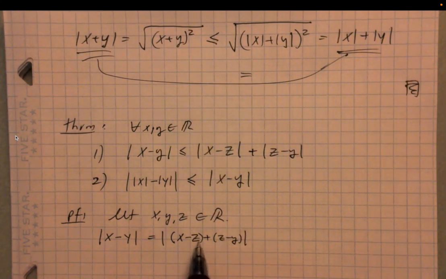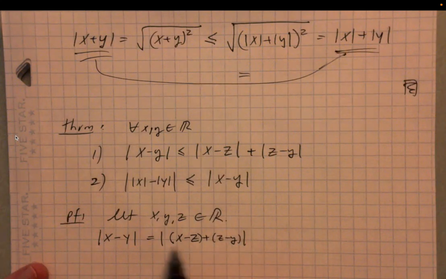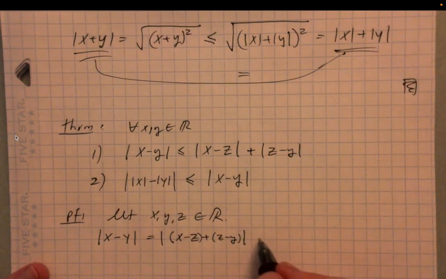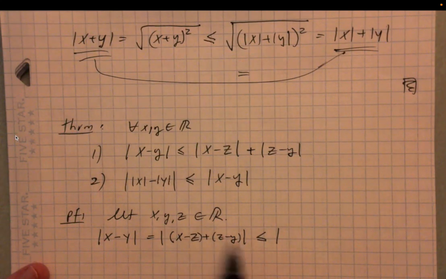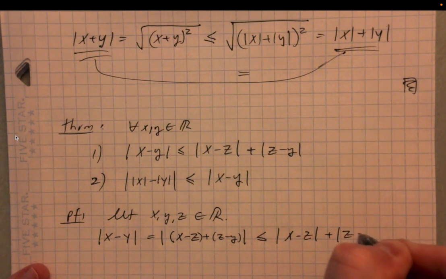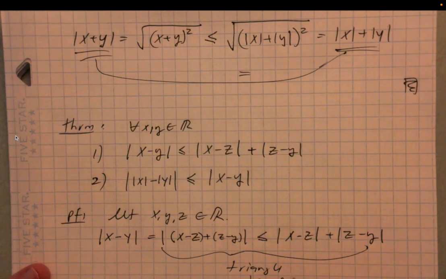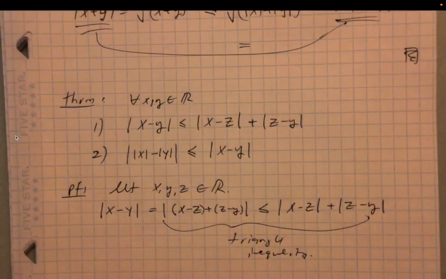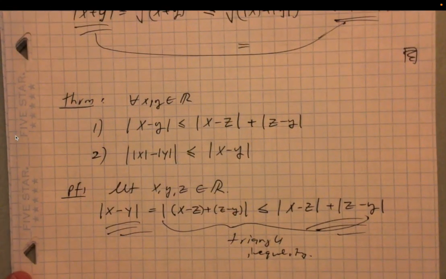You can just do the algebra there and see that x minus y is the same as x minus z plus z minus y. Right, and then according to the triangle inequality, this is less than or equal to the absolute value of the two pieces of the sum, so the absolute value of x minus z plus the absolute value of z minus y. This is just the triangle inequality. No problem, right? But that's the whole theorem, right? So you've got the difference is less than this thing.